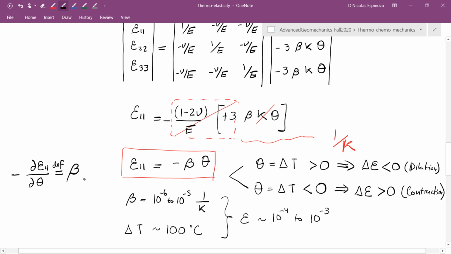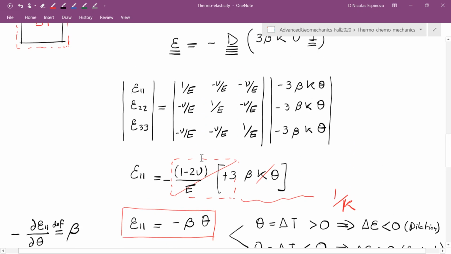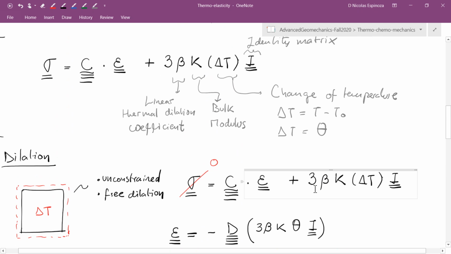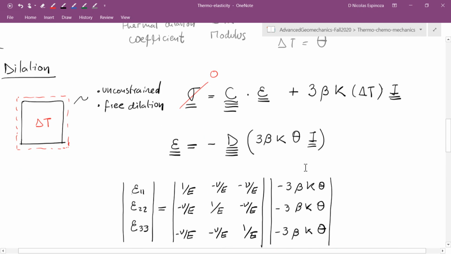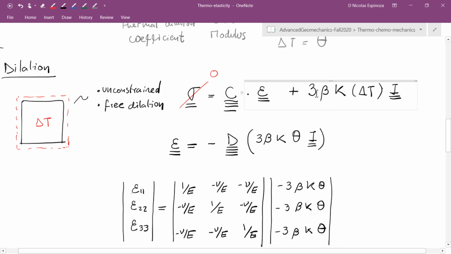And it refers to strain in just one dimension. That's also why we have a number 3 over here. Don't be confused, because many times people use another thermal dilation coefficient, which is 3 beta altogether. So be careful about that.